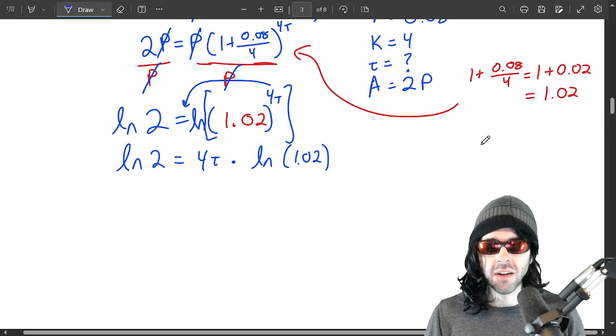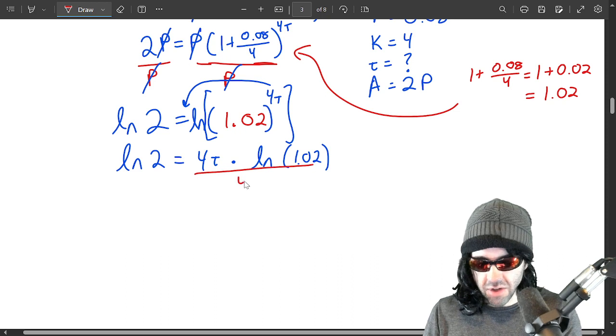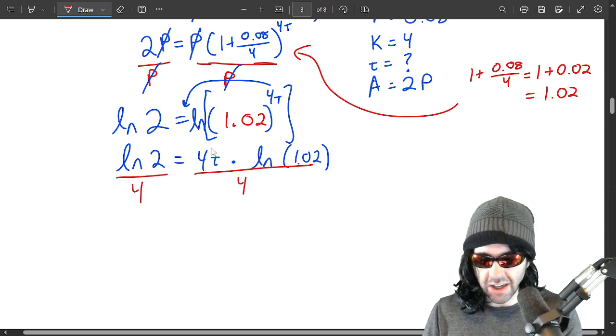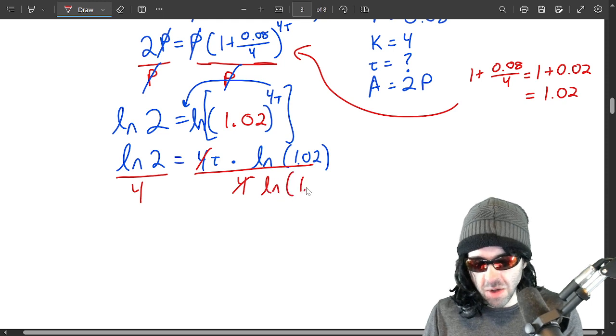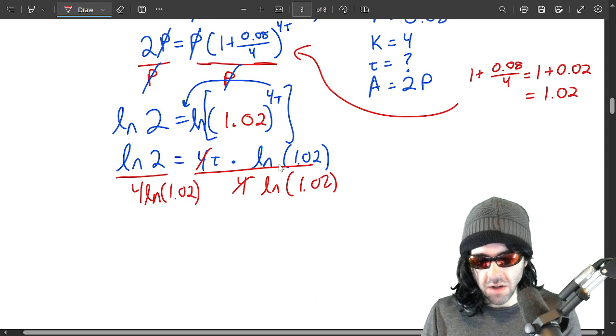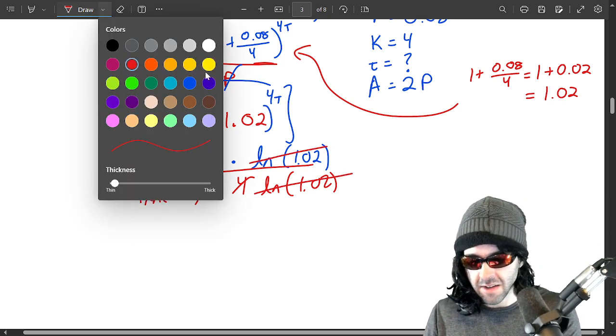We need the t by itself. If we divide both sides by 4, the 4s are going to cancel. And if we divide both sides by the natural log of 1.02, this cancels too. And the t is all that's left on that right-hand side.